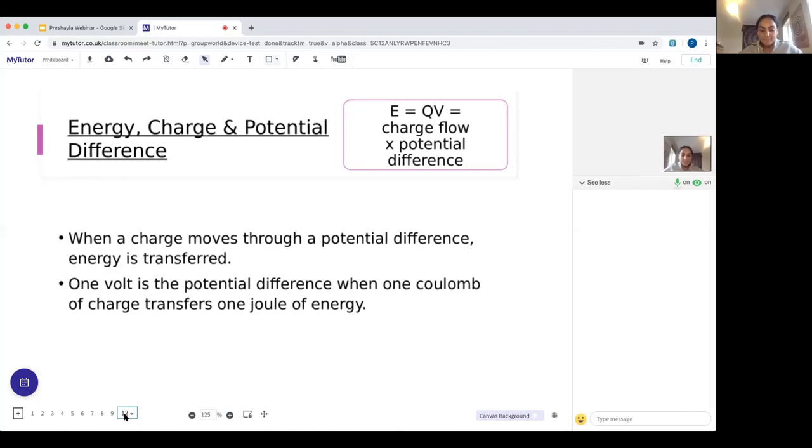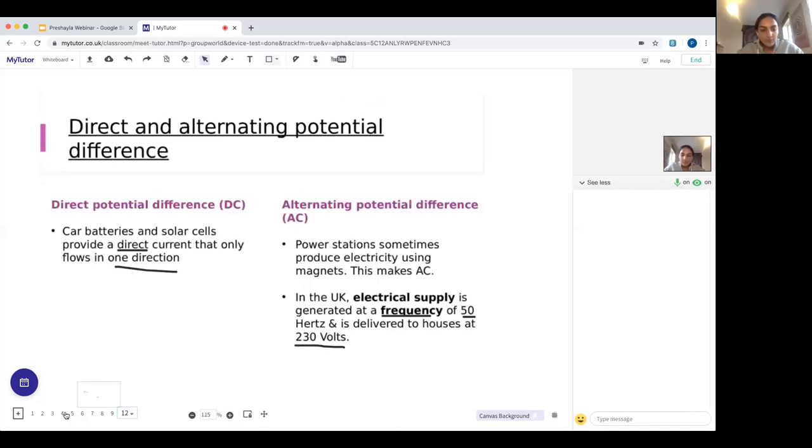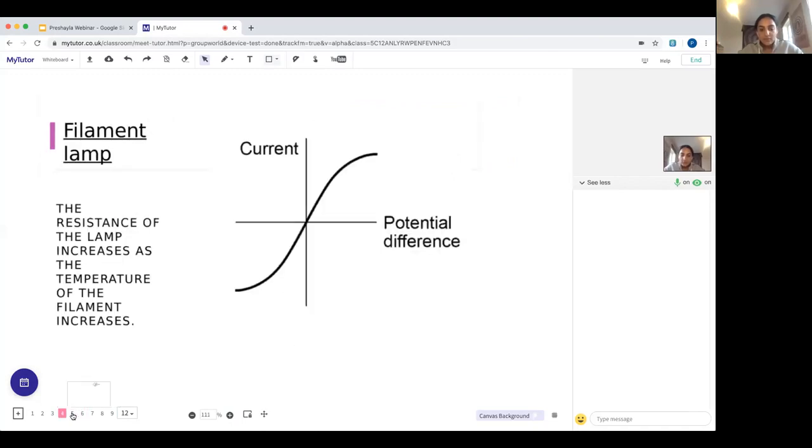Cool. Someone has asked if you can go back to the diode and filament bulb diagrams, and also someone wants to know what a circuit breaker is. Okay. So this is the filament lamp graph, and it's described by if the resistance increases, the temperature of the filament increases, and vice versa.